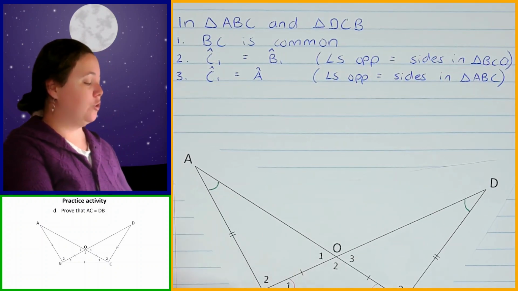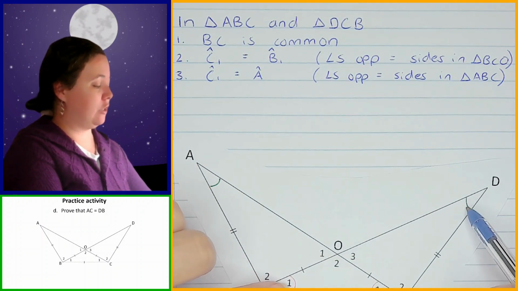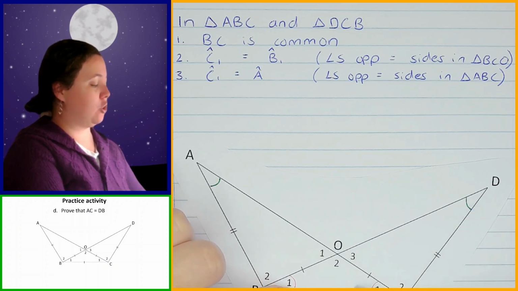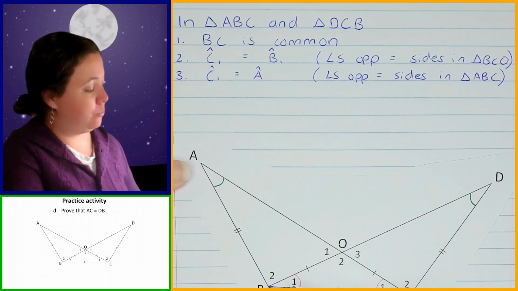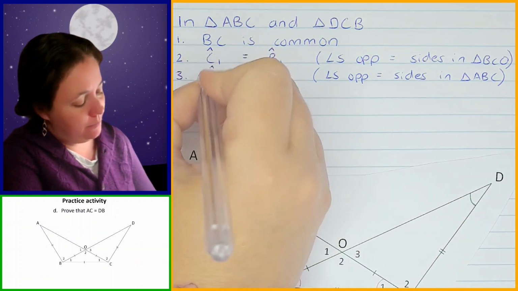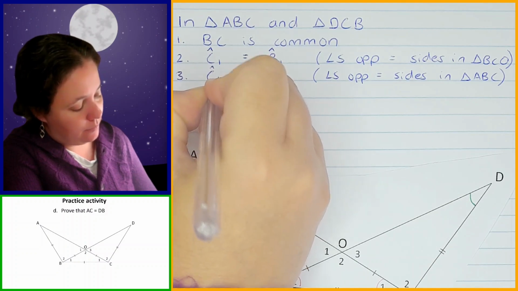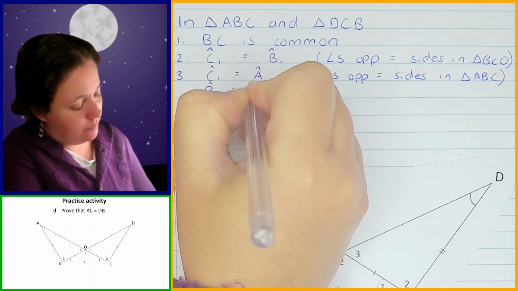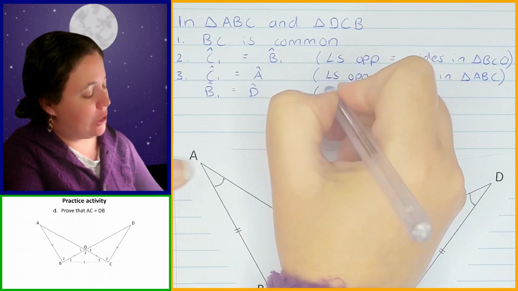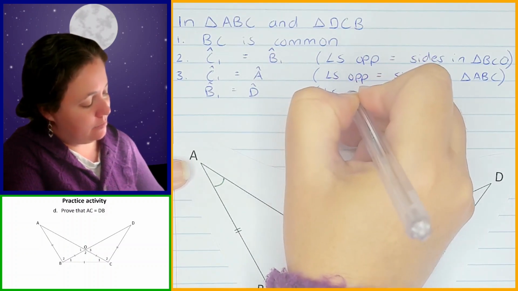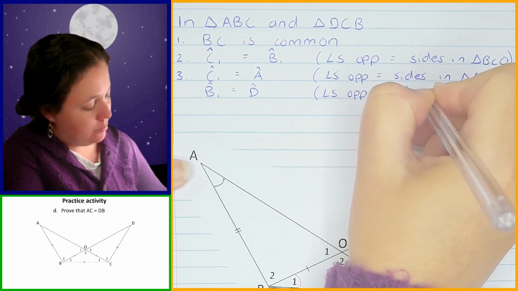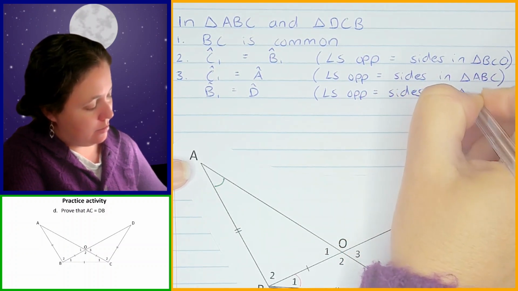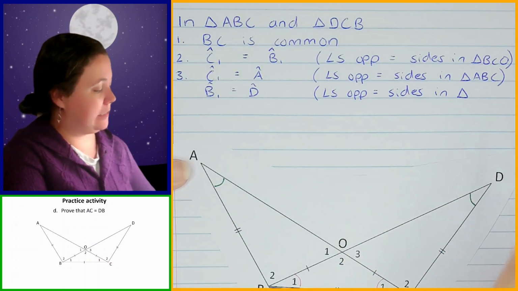Okay, I can also say that these two angles are equal because they're also angles opposite equal sides, but they're angles opposite equal sides in triangle BCD. So here I can say that angle B1 is equal to angle D, because they are angles opposite equal sides in triangle BCD.